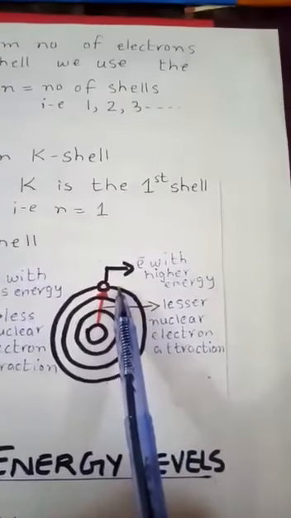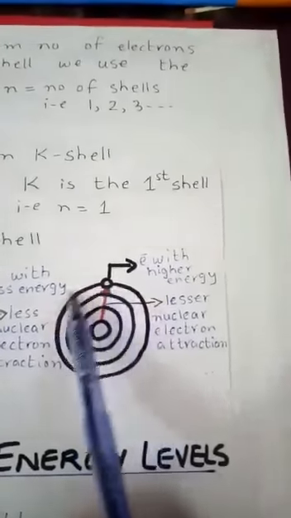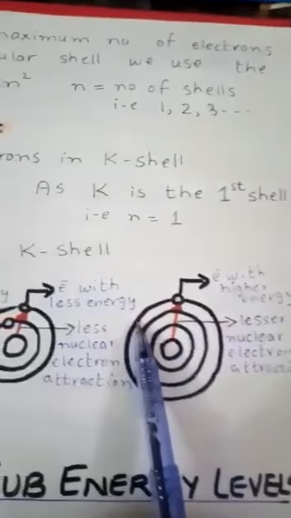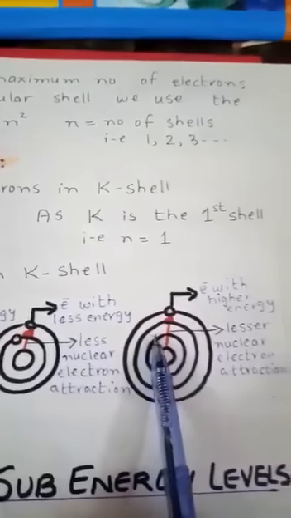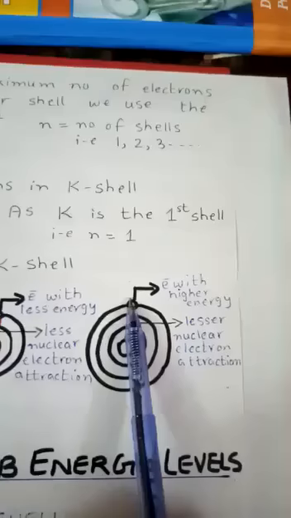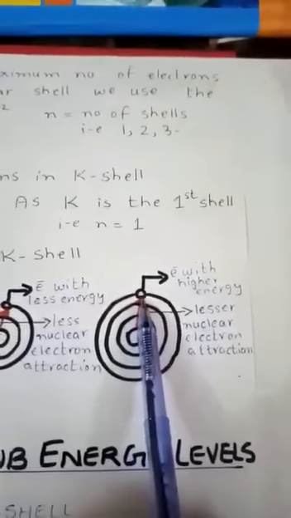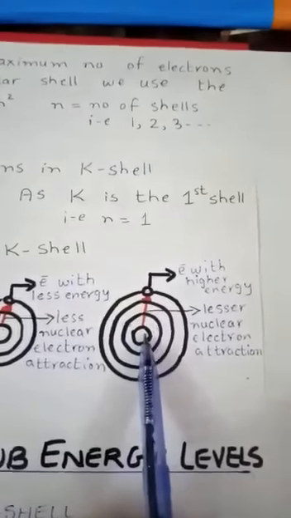So this electron has high energy. It can move freely around the orbit. So we say that as the distance of the electron from the nucleus increases, the energy of the electron also increases, because the electron is moving away from the nucleus.